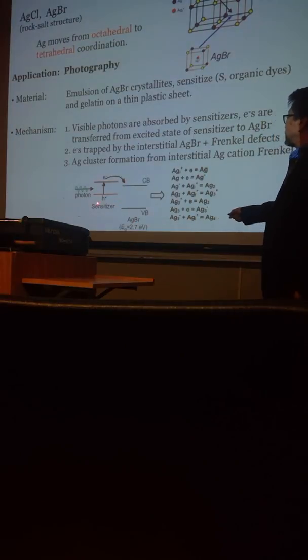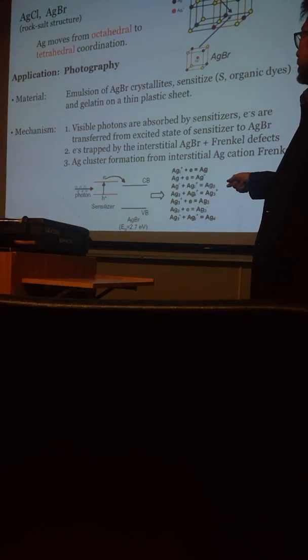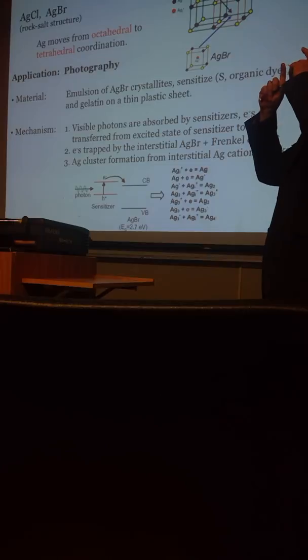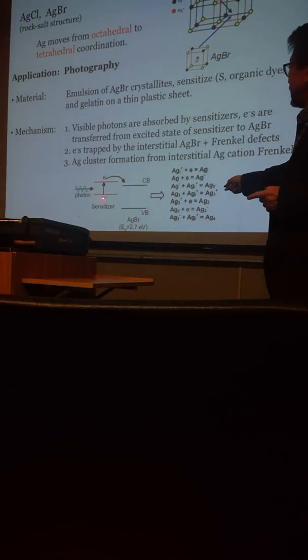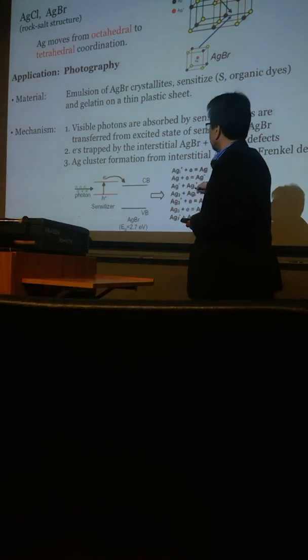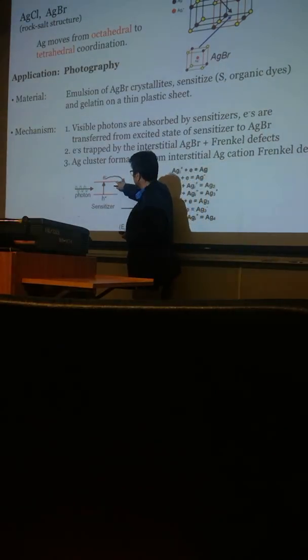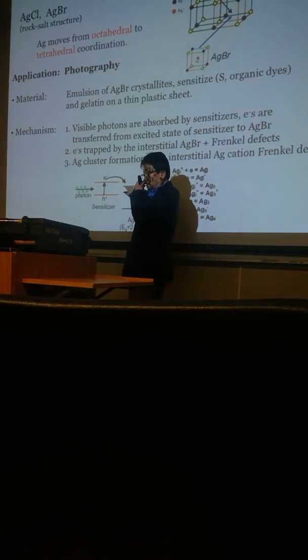However, if you have some kind of dye embedded in the film, then when you open the shutter, the photon comes in and the sensitizer creates an electron-hole pair. The dye-sensitized energy level, basically the LUMO level, is higher than the conduction band minimum.